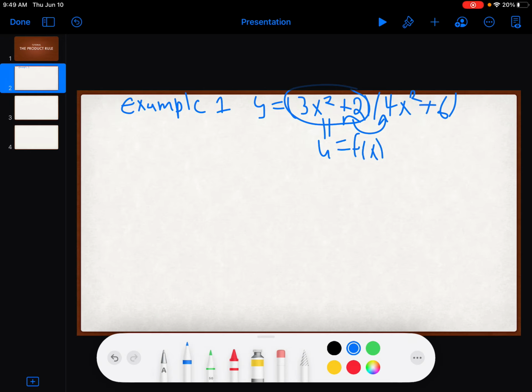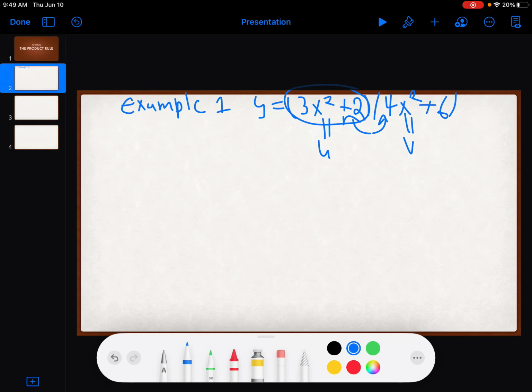If you want to call everything in this first bracket f of x, that's basically just equal to u. So just pretend u is kind of like a function. Basically u represents everything in the first set of brackets, and I'm going to say this is v, and v represents everything in the second set of brackets.